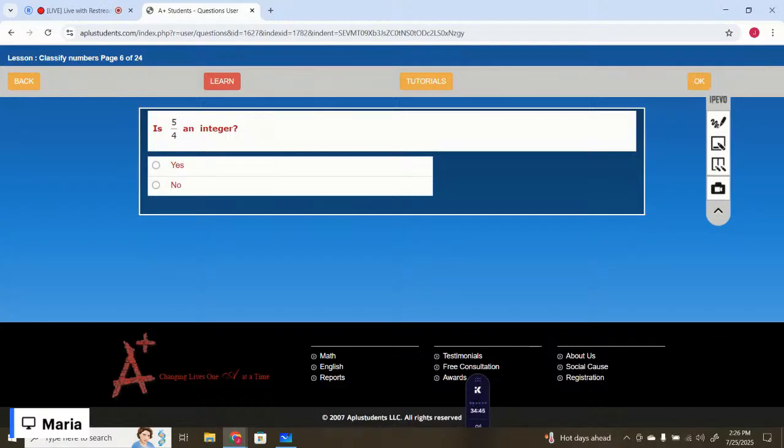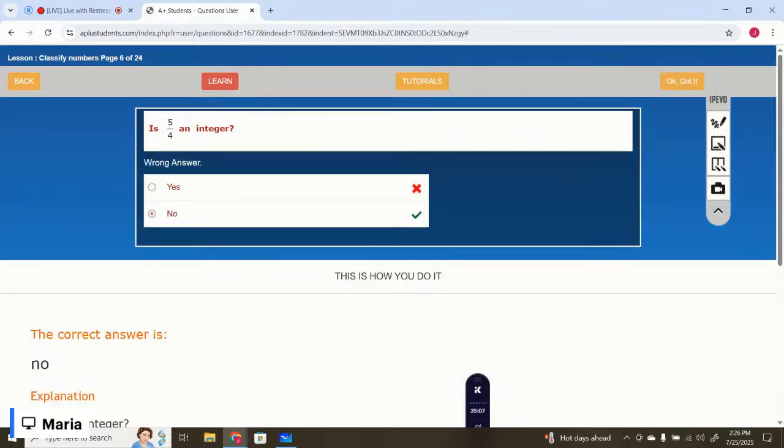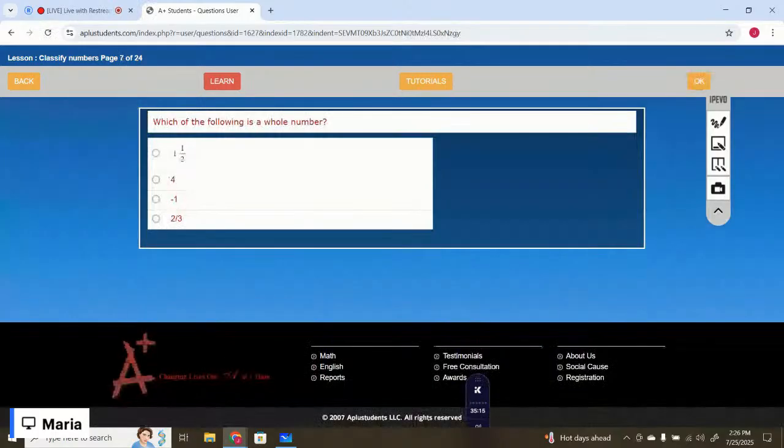Is 5 by 4 an integer? Yes, it is an integer. Option number 1 is the correct option.